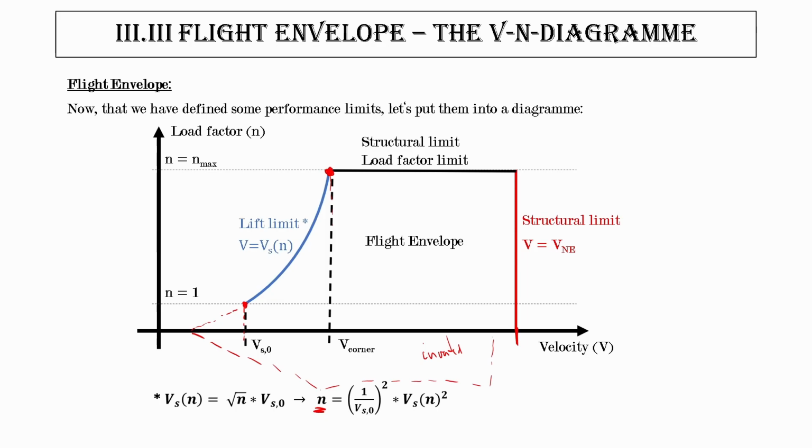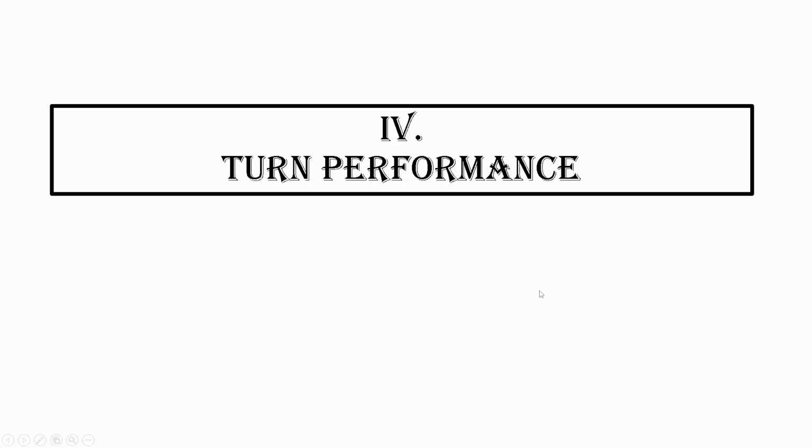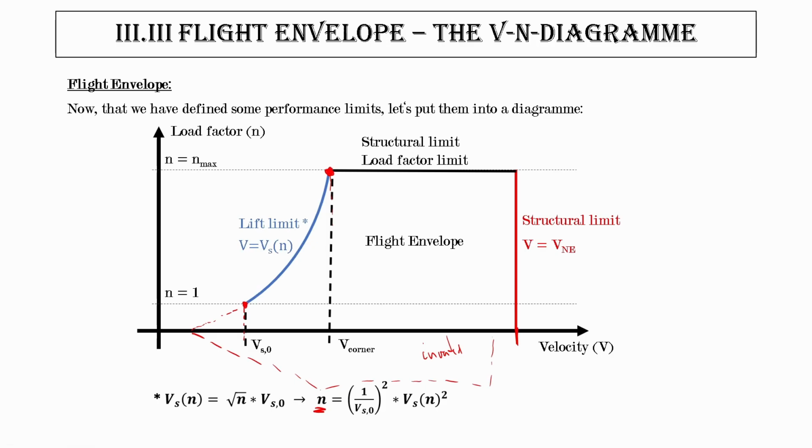Alright. Let's see if there's anything else. Nope. Okay. So basically this flight envelope is more or less the summary of chapters 1 to 3 with regards to aircraft performance.